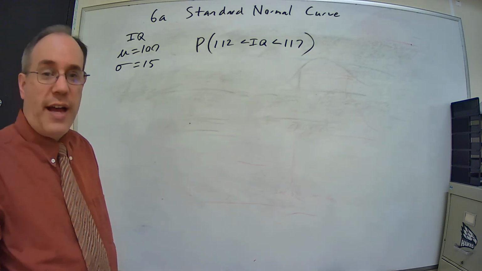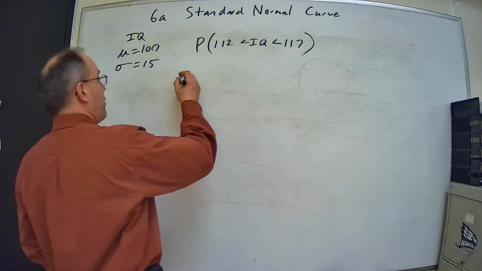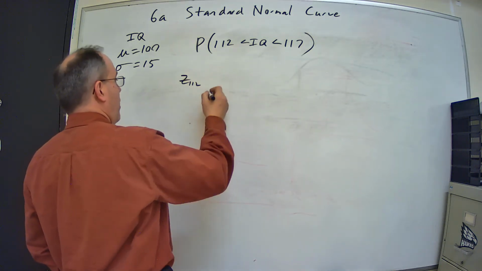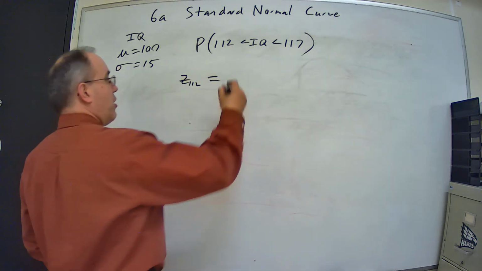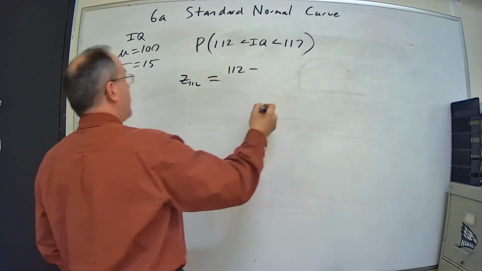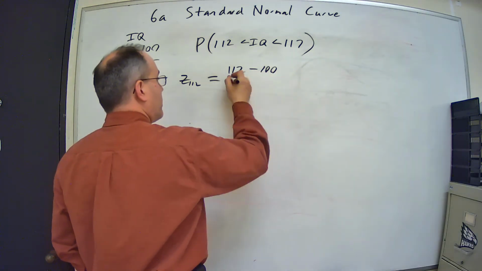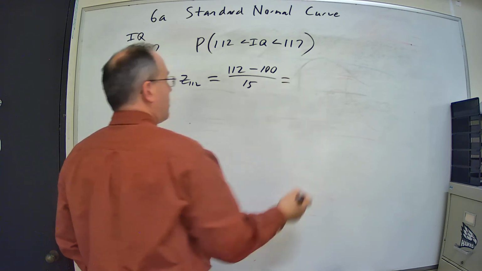So I'm going to need to find two z-scores. I'm going to find z of 112, which is 112 minus 100 divided by 15.